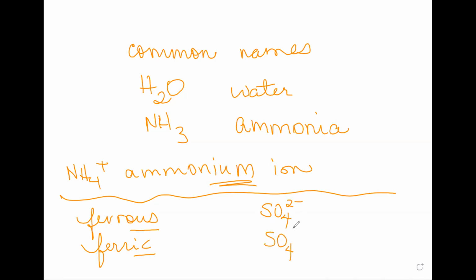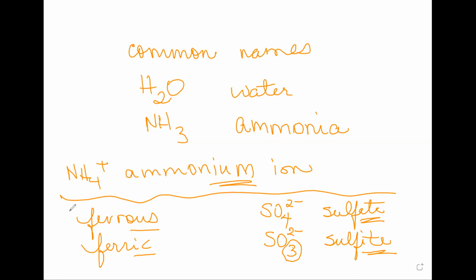This is sulfite, SO3. So when you look at your polyatomic tables, you're going to see things that end in ate versus ite. And the only difference when you look at ates and ites is ites have one oxygen less than ates. Everything else, charge stays the same.